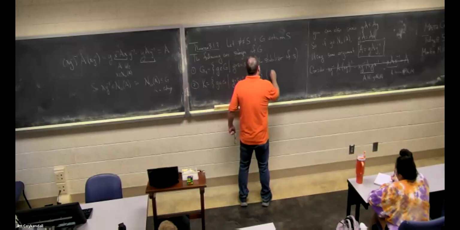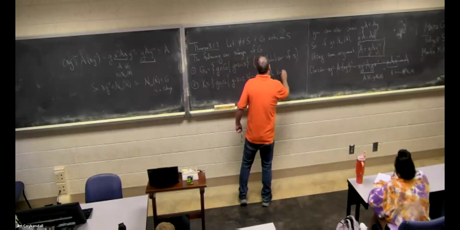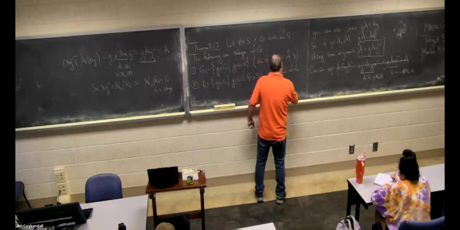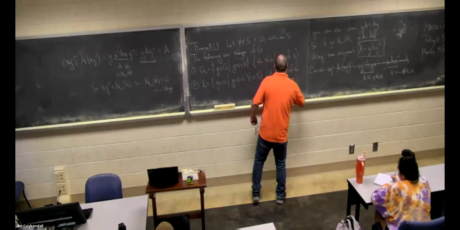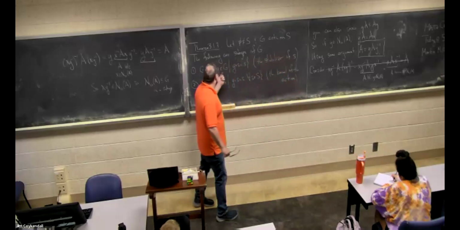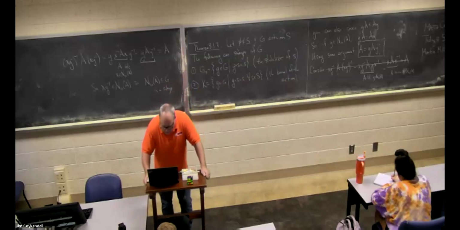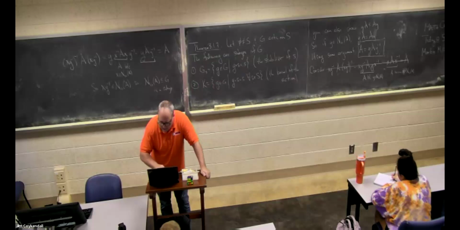This is called the kernel of the action. So G sub S is just the stuff that leaves the particular fixed element S alone. And the kernel of the action is all the elements g in G that leave everything fixed.